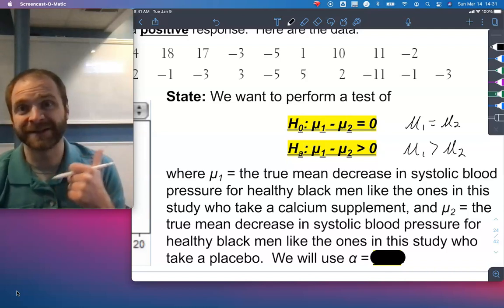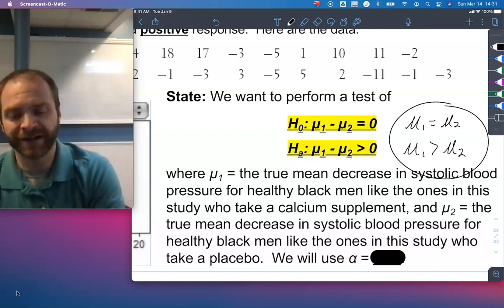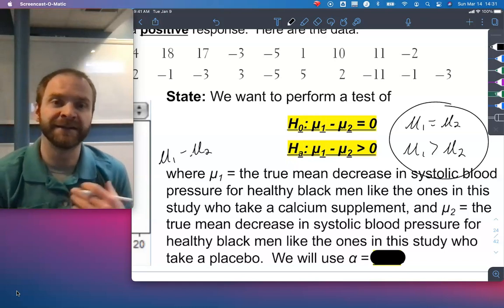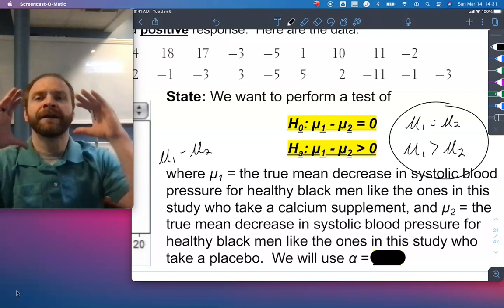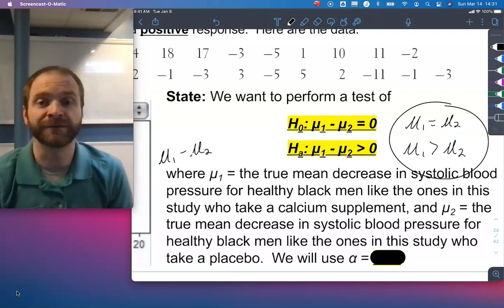That right there was them specifying the order. If we're doing it this way, we would have to define, okay, we're going to be dealing with mu1 minus mu2, the true difference in the mean decrease in systolic blood pressure. So be aware, we would have to define the way that we are performing our subtraction.